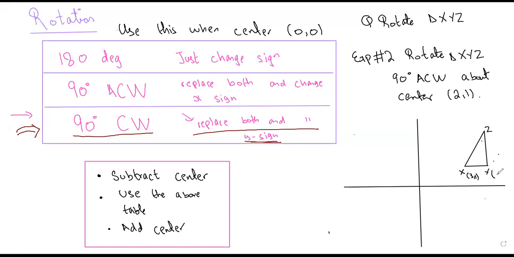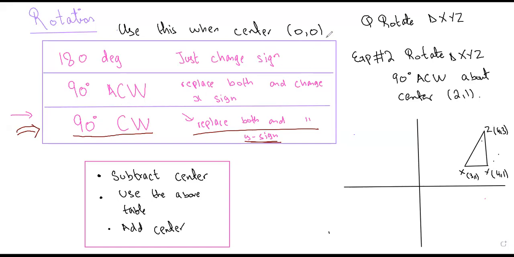This coordinate is 4, 1. And this one is 4, 3. So let's forget about the triangle. Forget about everything. Just focus on rotation. Now you need to rotate this triangle XYZ about the center 2, 1, and the angle is 90 degrees and it is in the anti-clockwise direction.